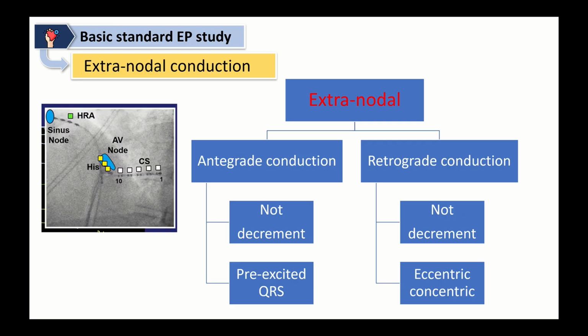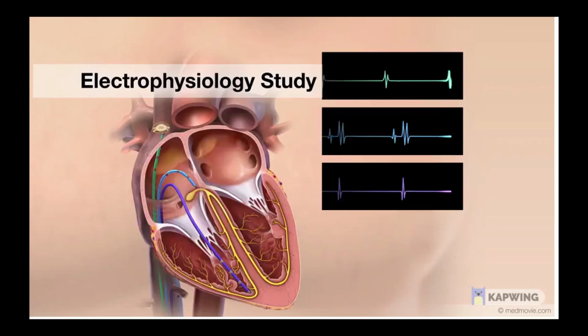And on the other side, in retrograde conduction, we can appreciate no evidence of decrementation, and retrograde atrial activation is eccentric in case of lateral accessory pathway and concentric in case of septal accessory pathway.